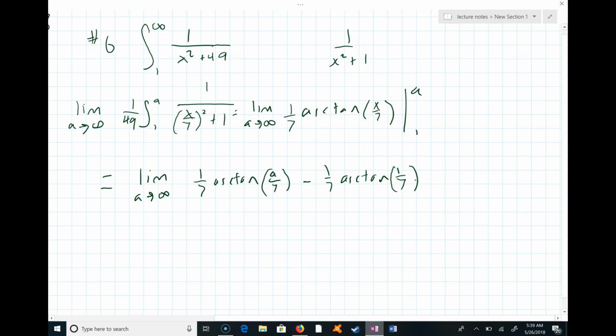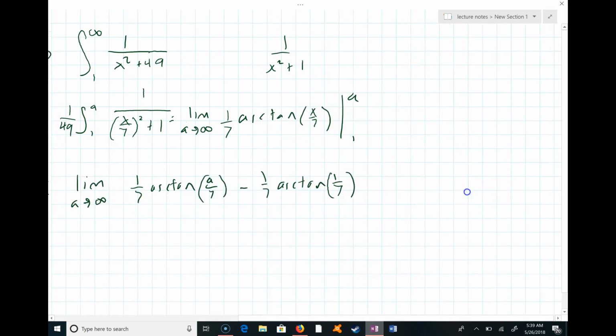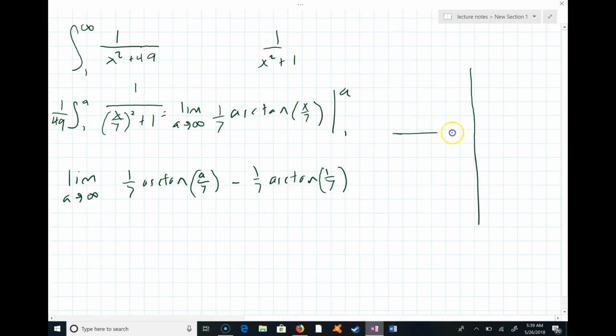So then when we let a approach infinity, if you remember what arctan looks like, it looks something like this. There's asymptotes above and below. The asymptotes are at pi over 2 and negative pi over 2. So as a gets bigger and bigger, that means we're going way out to the right, and arctan is getting closer and closer to pi over 2. So this thing becomes 1/7 times pi over 2.